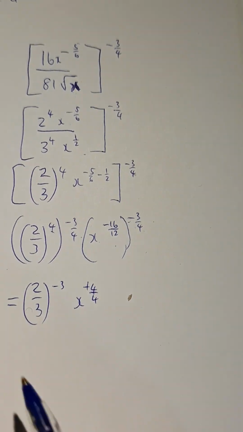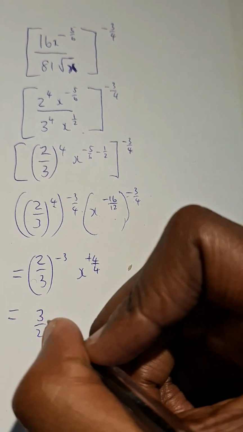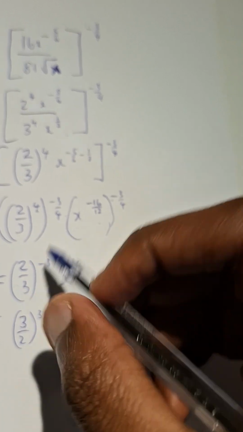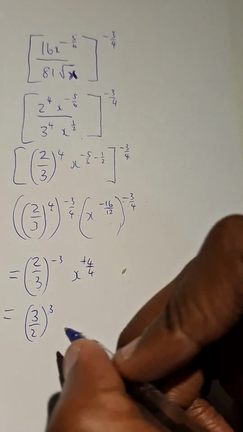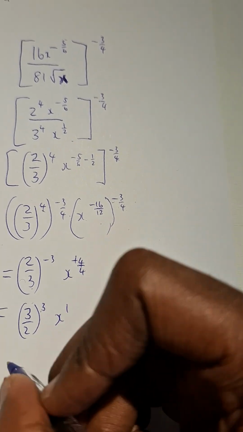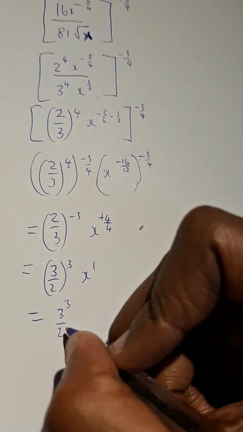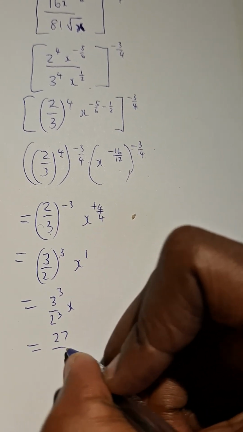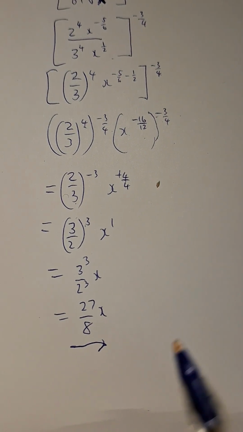So final answer, we have 3 over 2, because the 2 and the 3 invert, and then we change the sign from negative to positive 3, then x to the power 4 over 4, which is 1. So final answer, we can write it as 3 over 2, all to the power 3, times x, which is actually 27 over 8x. Okay, that's our final answer.